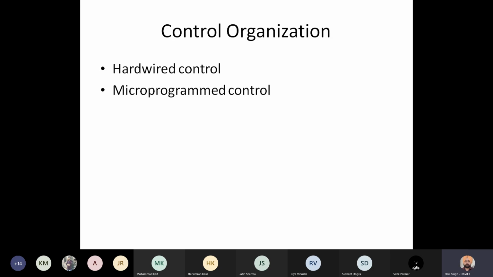Hardware like gates or adder circuits are used to design the control unit, and all the activities are controlled by the hardware part. In microprogrammed control, the control unit has an internal memory.